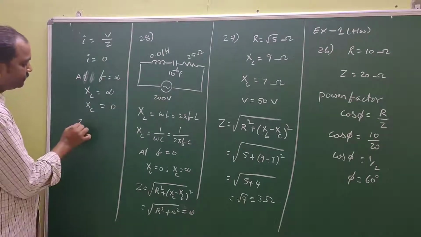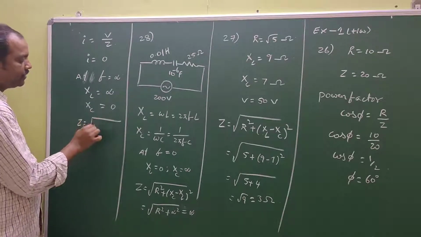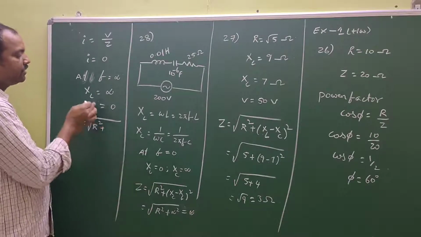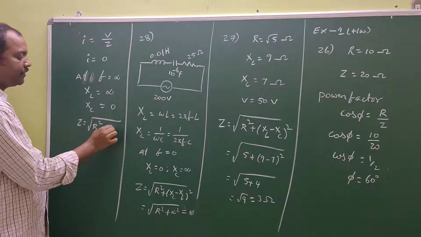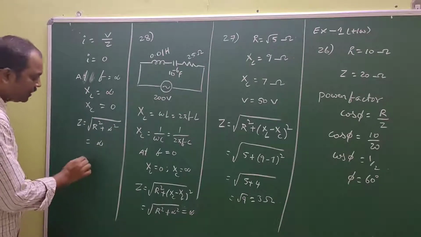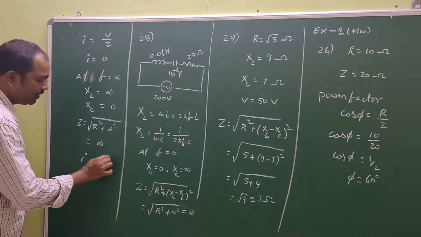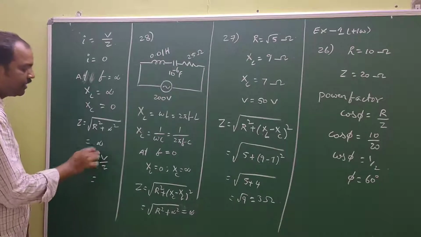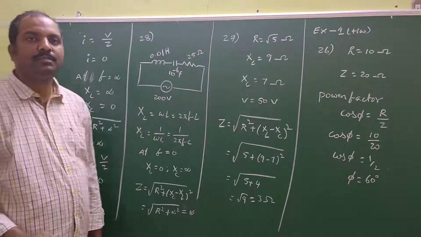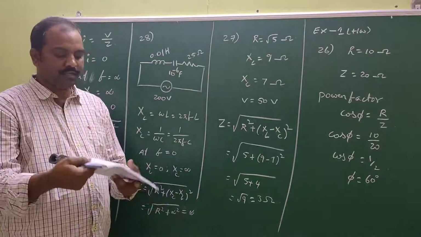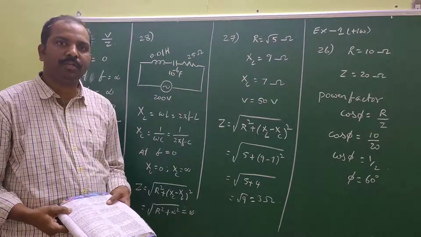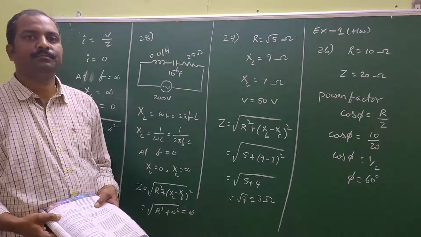Then again, impedance of the circuit is under root of R square plus (XL minus XC), which is infinity. In the same manner, current is V by Z, and as the impedance is infinity, again the current is 0. So at frequency 0 as well as infinity, the current passing through the circuit is 0.